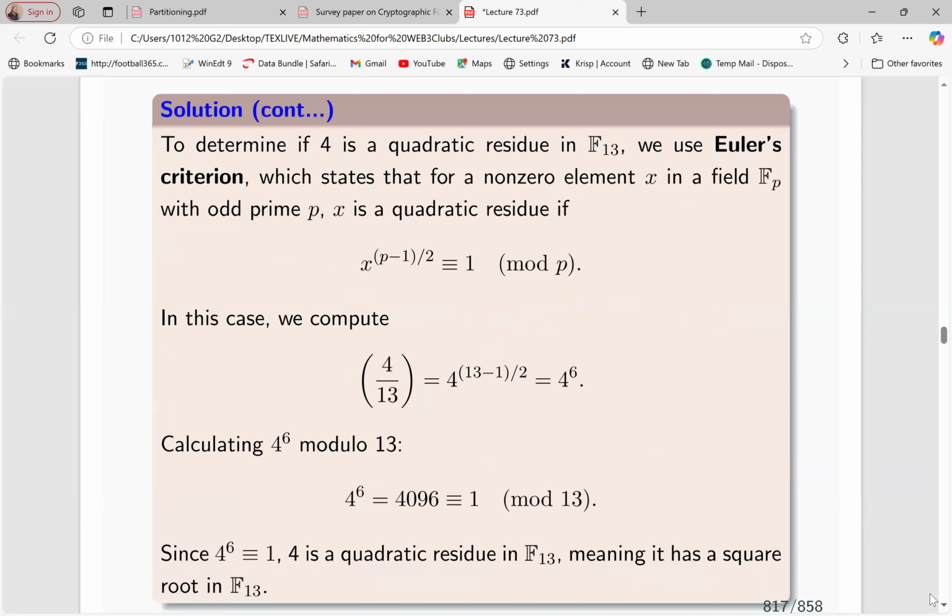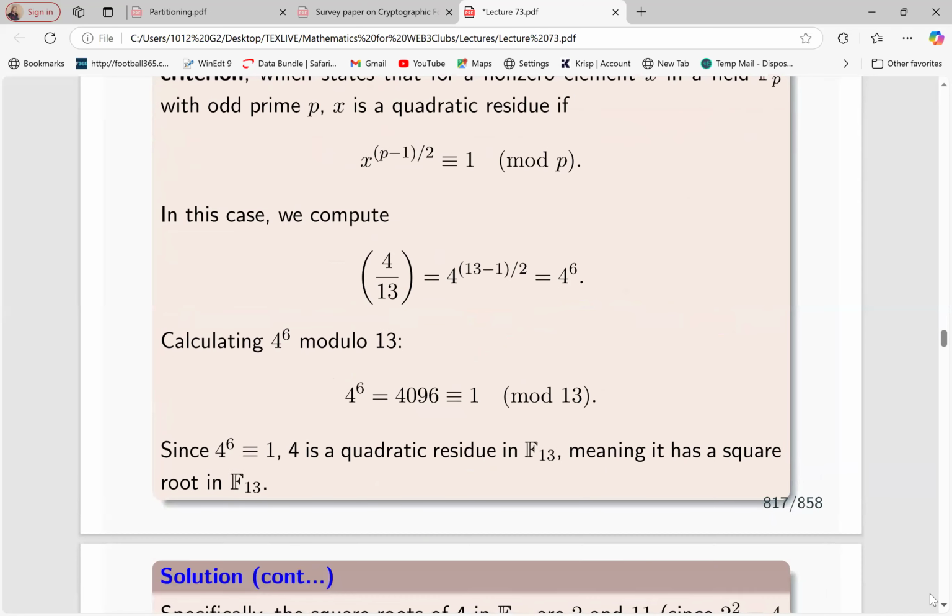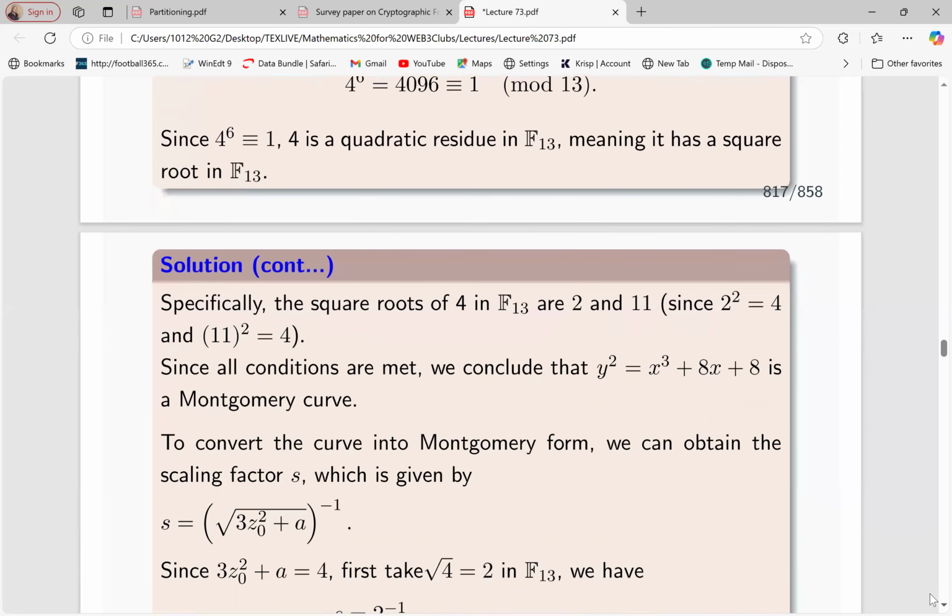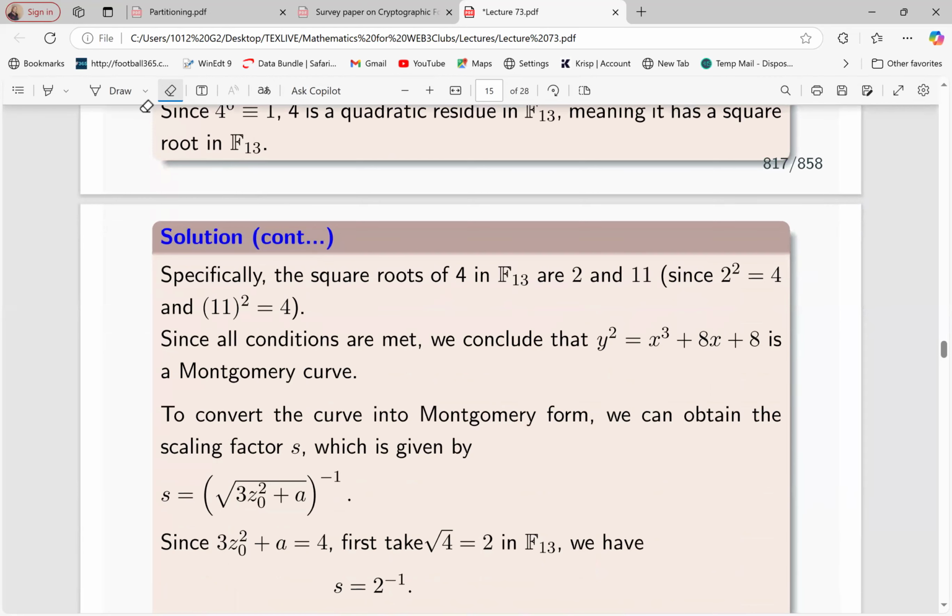So the steps I was doing here were just to ascertain whether it is a quadratic residue, whether it has square roots. Now I found the square root, and therefore the second thing that I'm supposed to do is to find the scaling factor. So the scaling factor is the inverse of this square root.